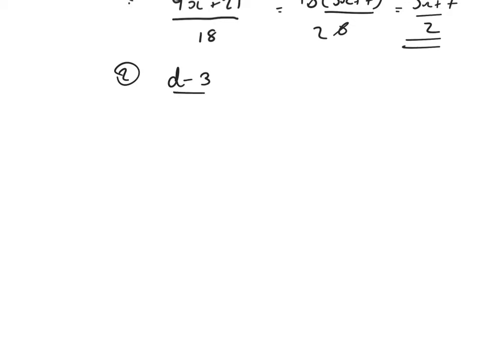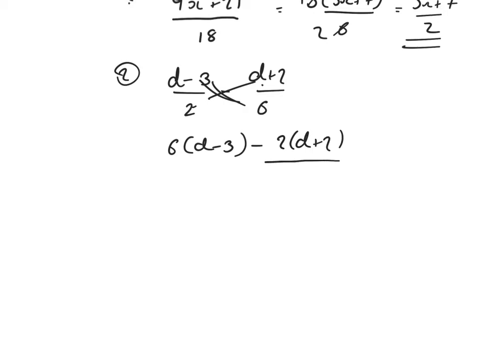Okay, example 2. d minus 3 over 2 minus d plus 2 over 6. Okay, kiss and smile. 6 lots of d minus 3 minus 2 lots of d plus 2 over 2 times 6 is 12.